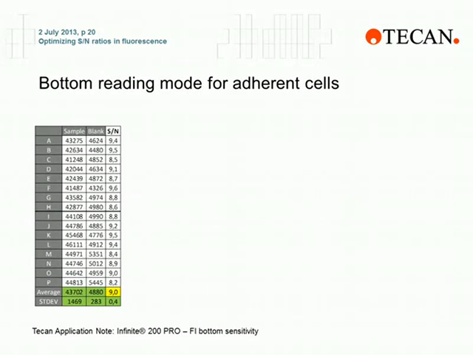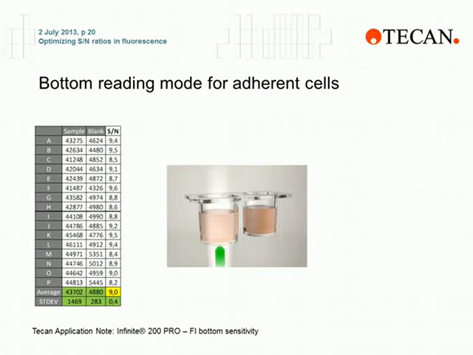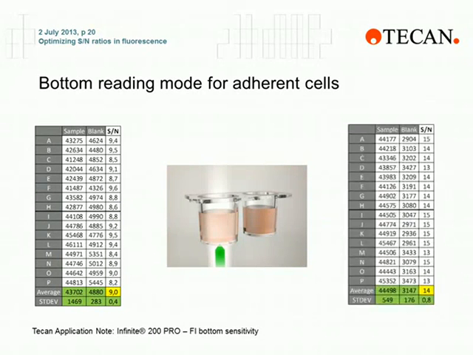So using GFP-transfected cells, which are adherent to the bottom, instead of measuring the plate from the top, we measured the well from the bottom. And this yields a signal-to-noise optimization of 14.